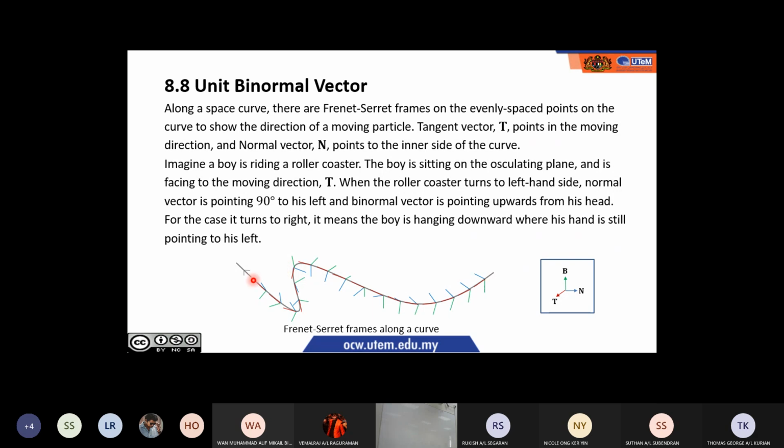It should be like this. Tangent, normal vector, and binormal. The binormal is this one.